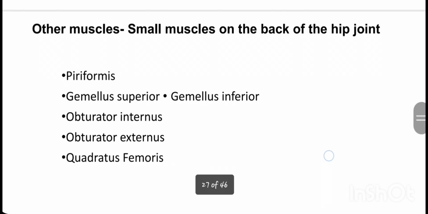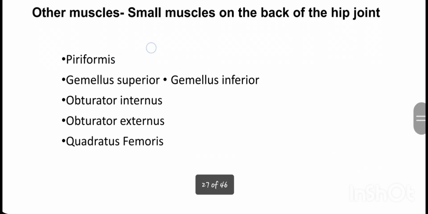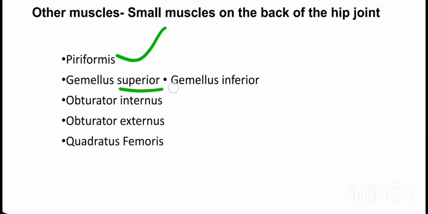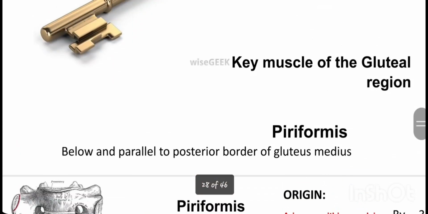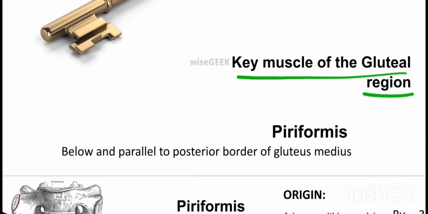Coming to the other muscles we saw: piriformis, superior and inferior gemelli, obturator internus and externus, and quadratus femoris. Coming to the piriformis, it is the key muscle of the gluteal region.